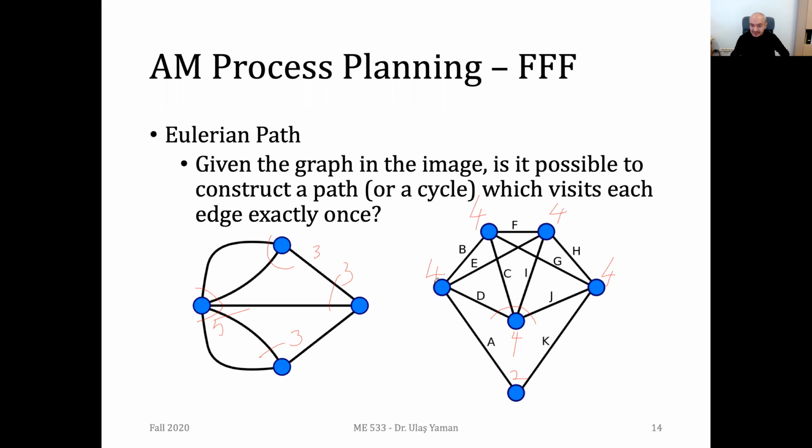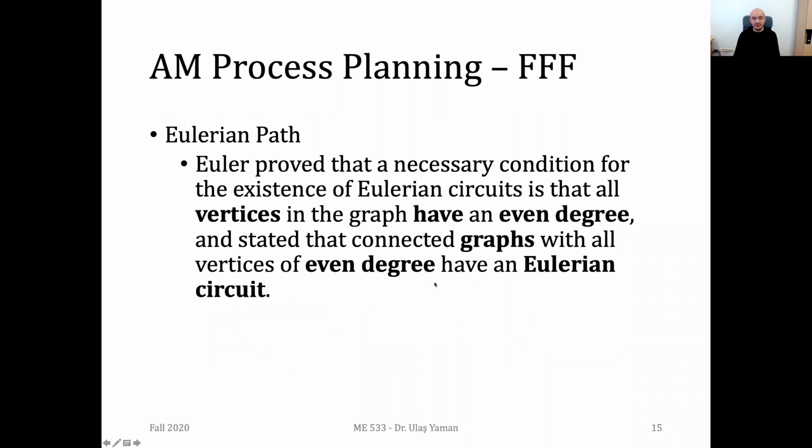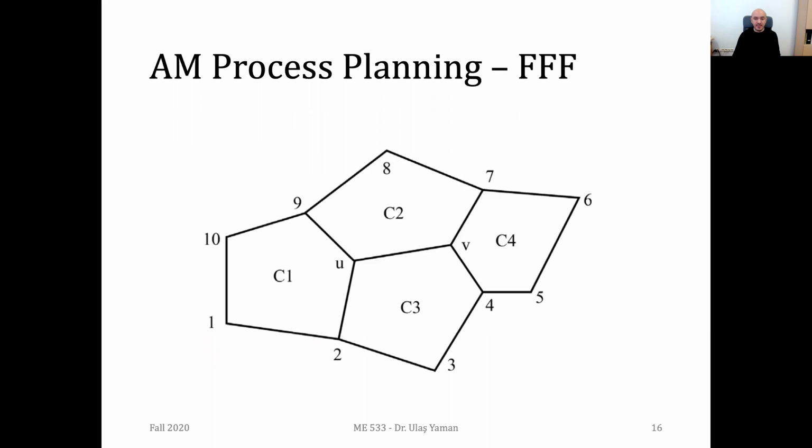So it's satisfying the requirement of Eulerian paths, which means that we can find a cycle going through these edges just once, and we can do it with a single motion. We don't need to remove our hand and jump to another point. So we can say that this has an Eulerian circuit.